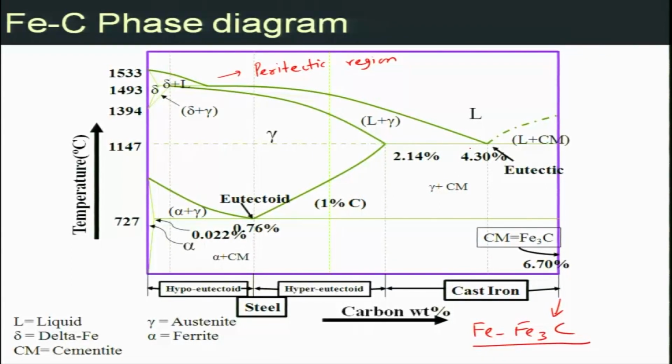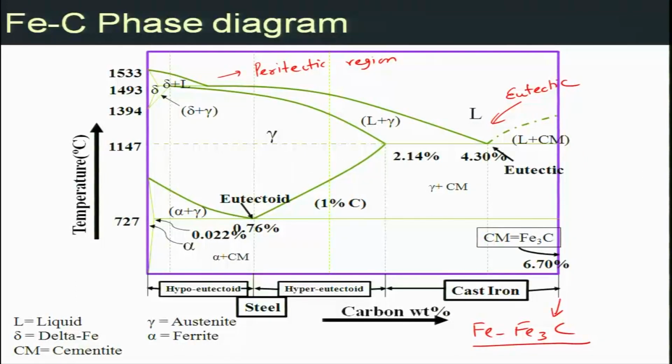In the vicinity of this temperature, from 2.1% to 6.7%, we have the region called the eutectic region. And then at a lower temperature, at 727 degrees centigrade, the gamma phase of iron transforms into alpha plus cementite, which is Fe3C, at a composition of 0.76%. So we have this as the eutectoid region.